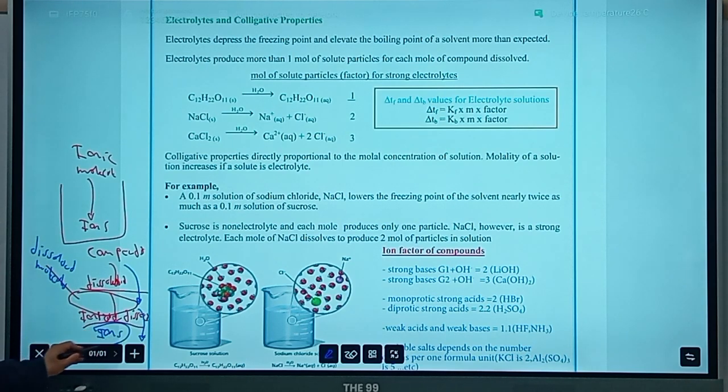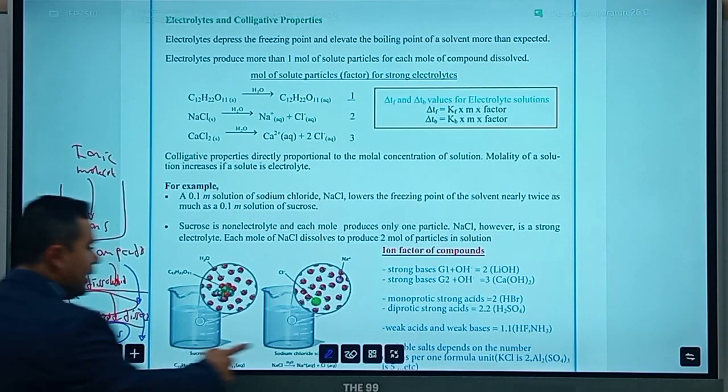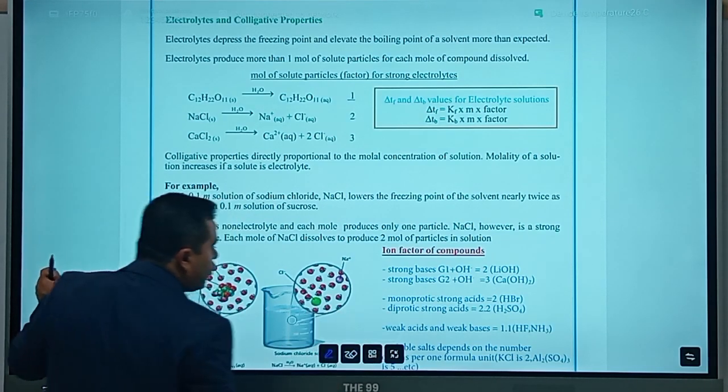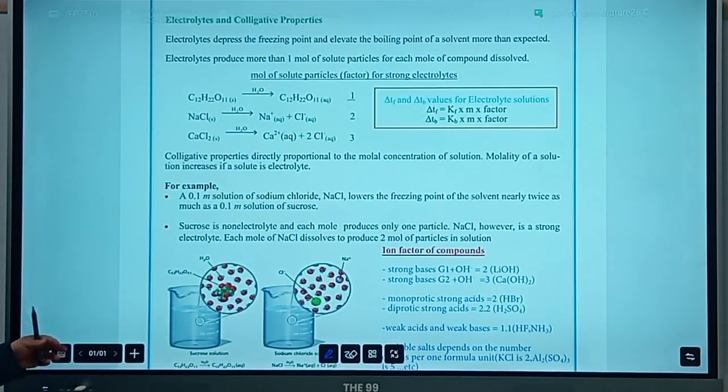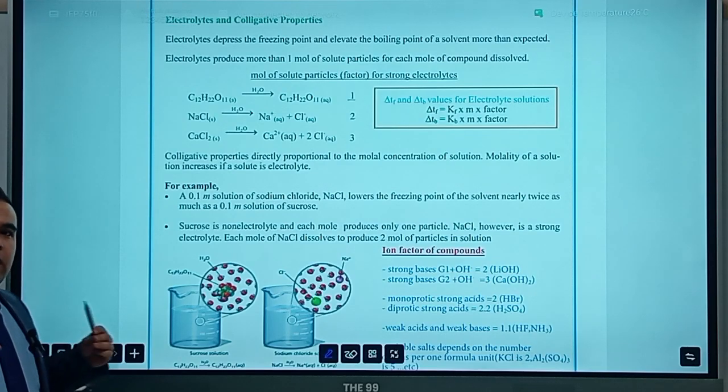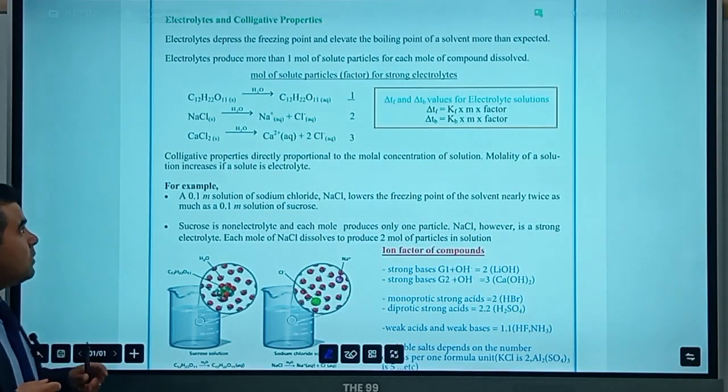In this region, we will get ions, not molecules, or we can say we will get the separated cations and anions of the compound, whether it's molecular or ionic. So we will be talking about electrolytes, how they behave when we add them into an aqueous solution.